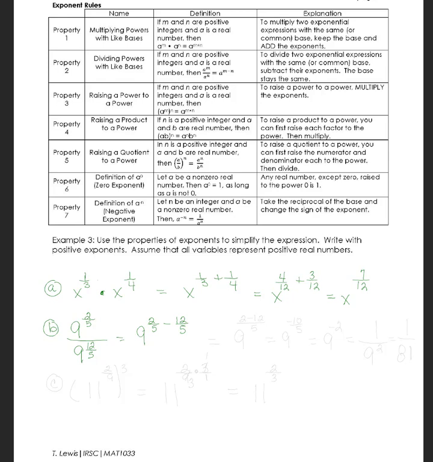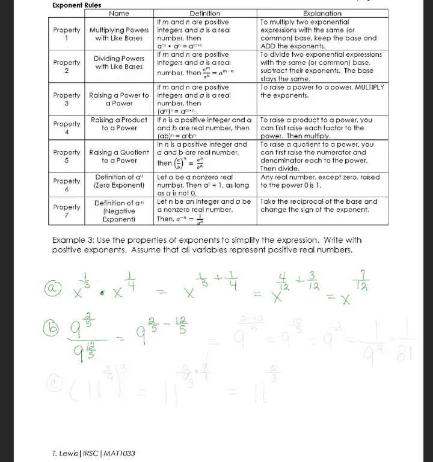Question. Yes. Why is the 9 over 9 not converted to 1? Because you're keeping your base the same. Now let's just go back to if the exponents were not fractions.